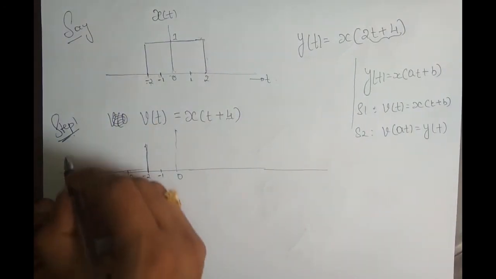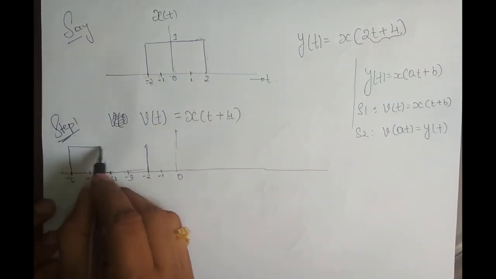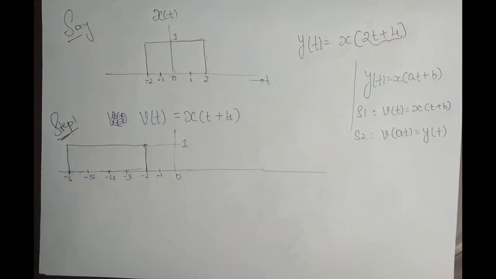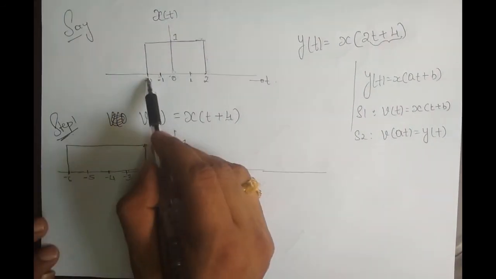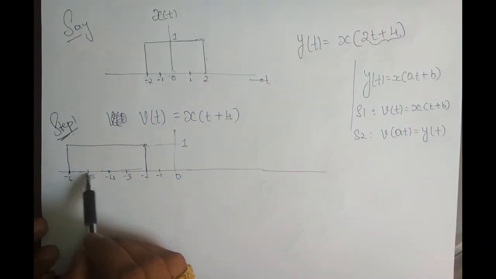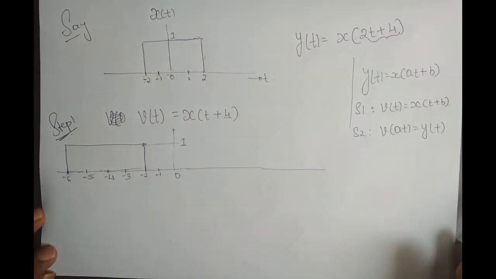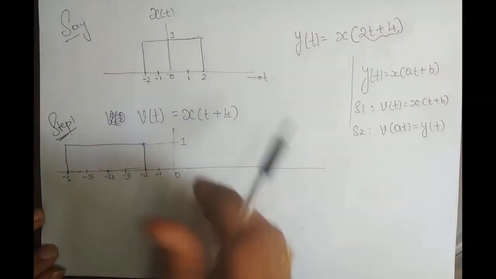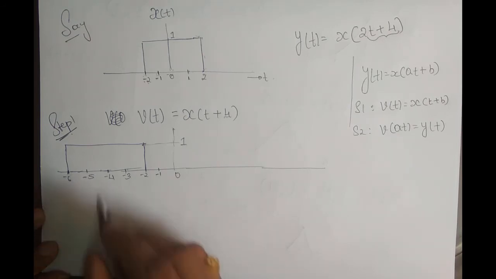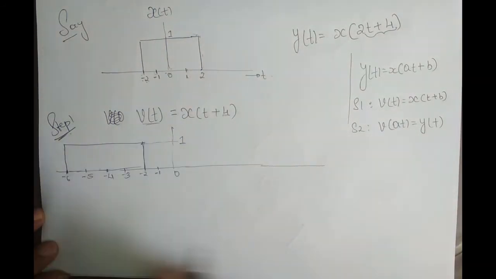So this comes at -6. Right? So amplitude remains same 1. Correct now? So the total distance is what? 1 unit, 2 unit, 3 unit, 4 unit. Yes, fine. So this is the rectangular signal, shifted left 4 times, right? Okay. So this is my step 1, which I got v of t.